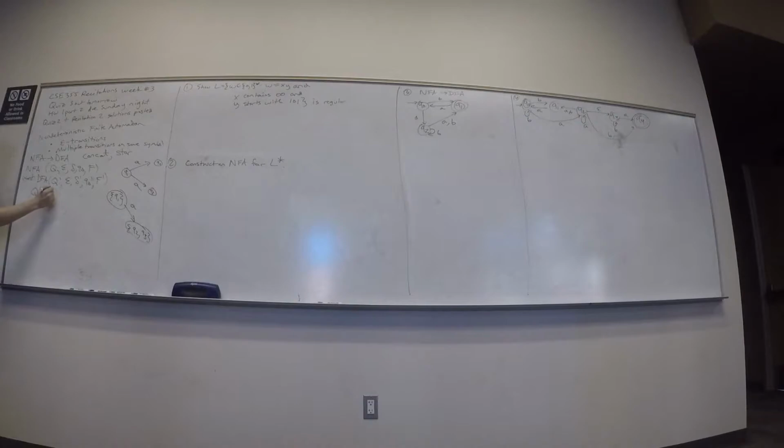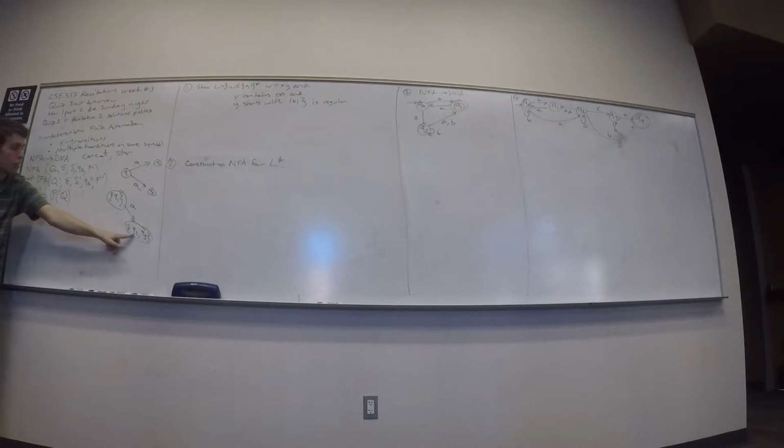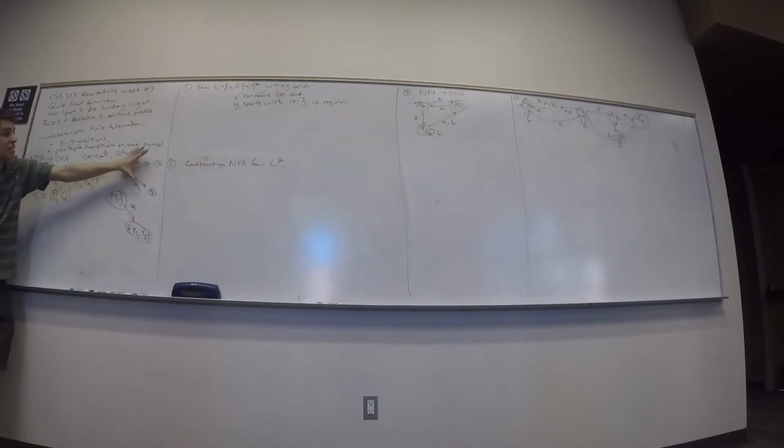So let's use the power set of Q, the set of the set of states in the NFA. Now these states of the DFA are going to represent sets of states in the NFA. So as here, I'm going to have a state, the set containing Q2, Q3, which represents a set of states in the NFA.